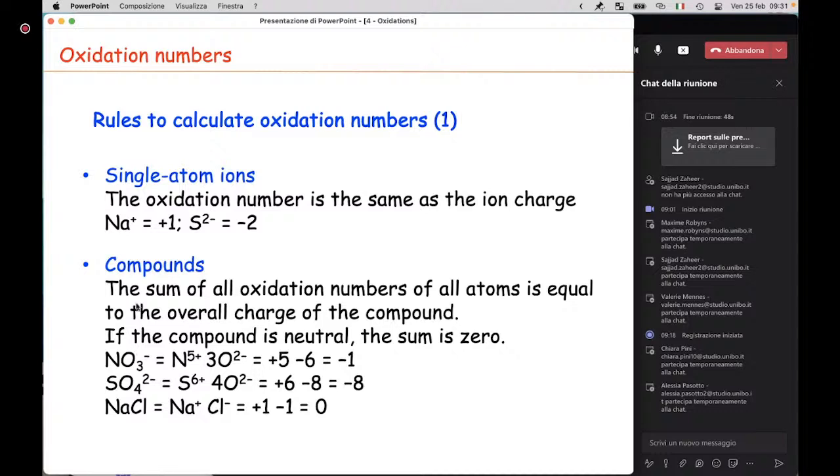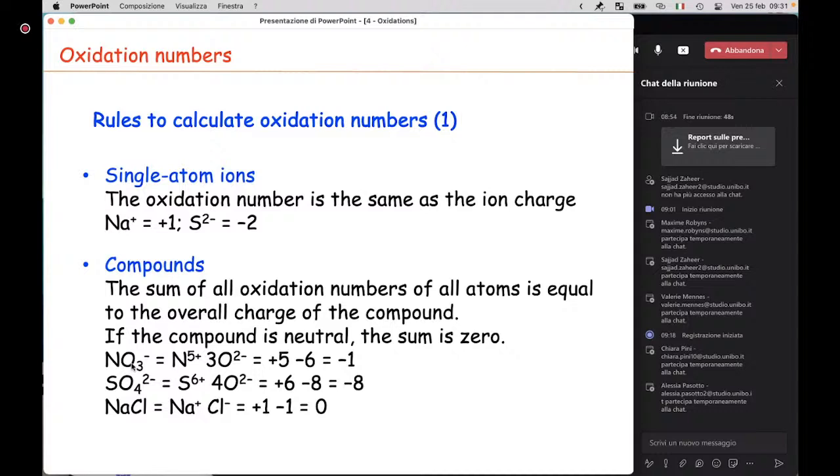So, for example, here we have NO3-, so we know that the sum of all oxidation numbers should be -1. In almost all compounds except peroxides and oxygen molecules, oxygen has oxidation number -2.